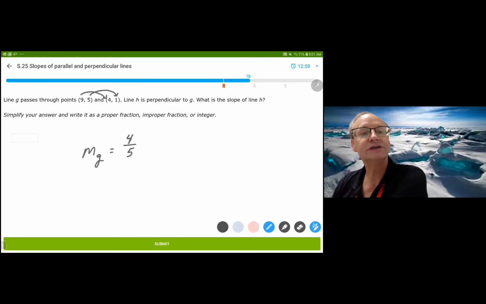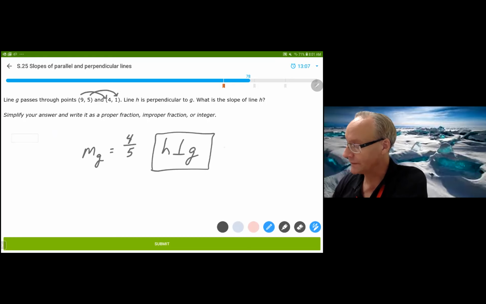And we want H is perpendicular to G, so H is perpendicular to line G. That's how we write that in geometry. And then we know that the slope of H has to be the opposite reciprocal, which is -5 over 4. Notice I use negative reciprocal, opposite reciprocal interchangeably. And if you multiply those two slopes together, you get -1. So here it is, -5 over 4.